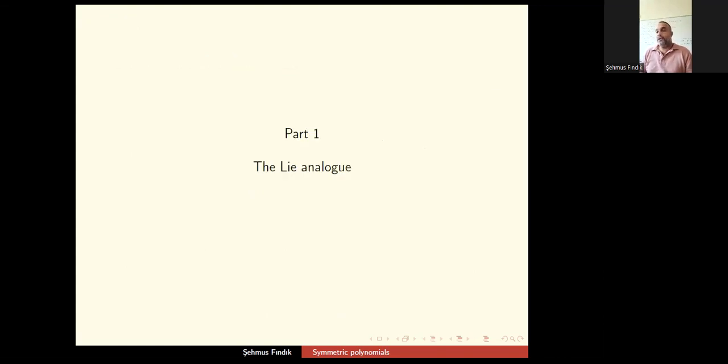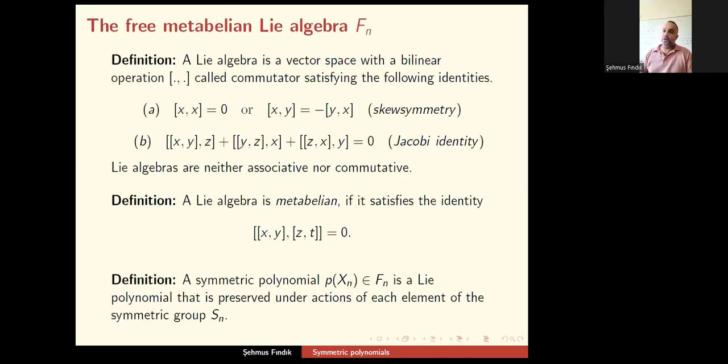Now we check what we can do for Lie algebras. Among the Lie algebras, we have the free metabelian Lie algebras. A Lie algebra is a vector space with a bilinear operation, which is called the commutator, satisfying skew symmetry and the Jacobi identity.